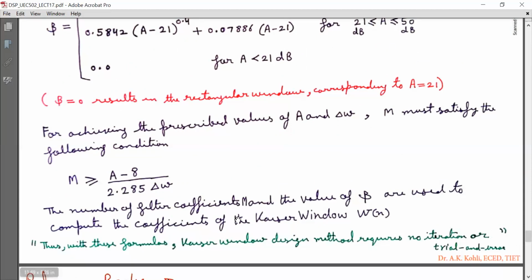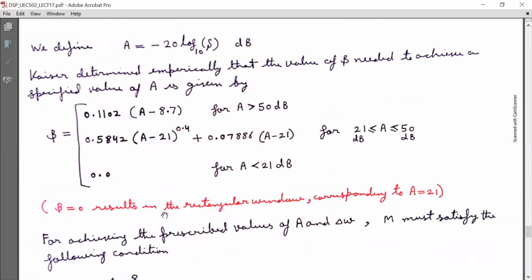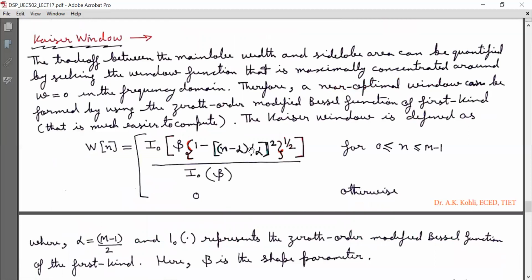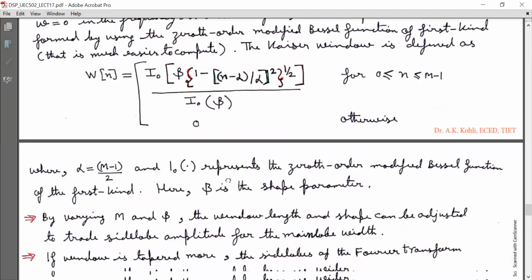The number of filter coefficients M and the value of beta are used to compute the coefficients of the Kaiser window w[n]. Here alpha is equal to (M minus 1) by 2, I naught is the zeroth order modified Bessel function of the first kind, and beta is the shape parameter.